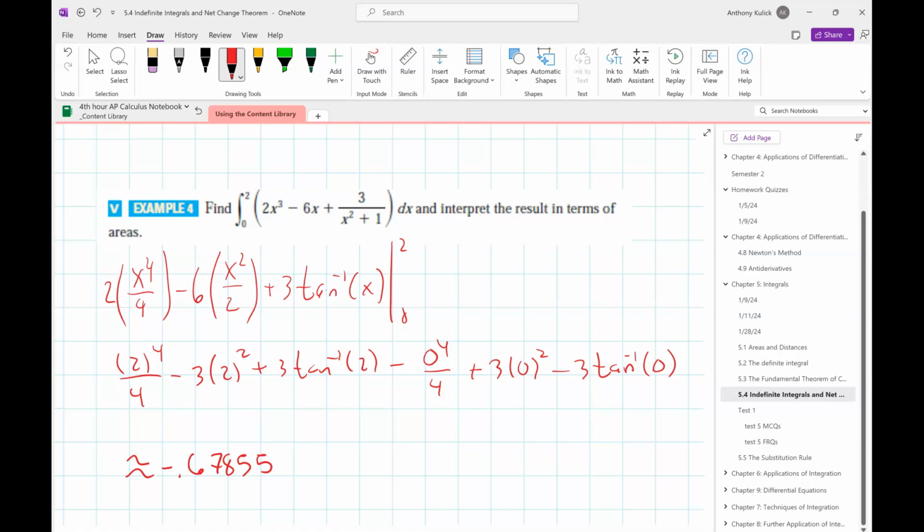What's in your y1? It said 2x cubed minus 6x plus 3 divided by x squared plus 1. Now, did you write it as 3 divided by x squared plus 1, or did you write it like this? I put a parenthesis. Oh. Because if you didn't do this one, that's probably why it crashed, because the other one would be a ridiculously hard integral.